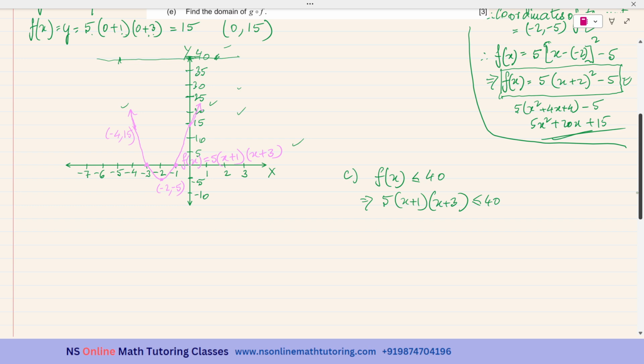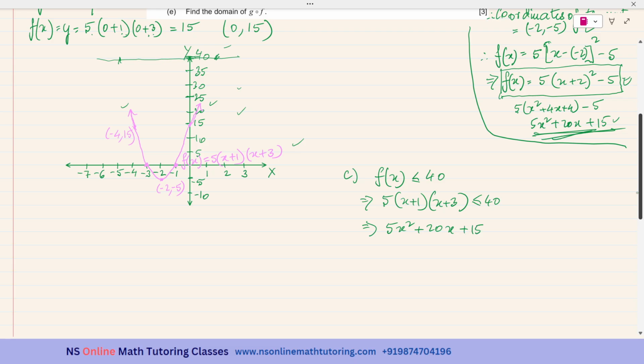We had expanded this and seen that the expanded expression is equal to 5x squared plus 20x plus 15. So I'm writing this in one step, 5x squared plus 20x plus 15.